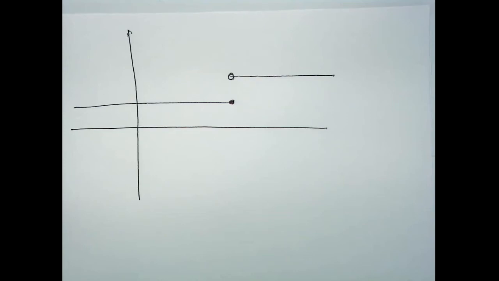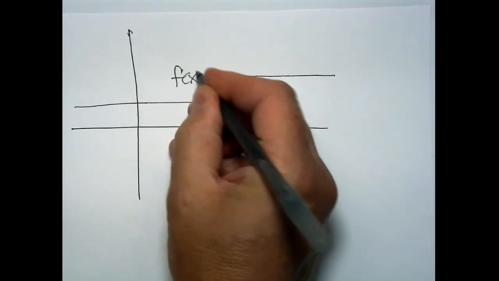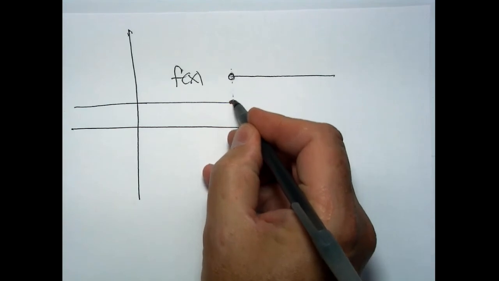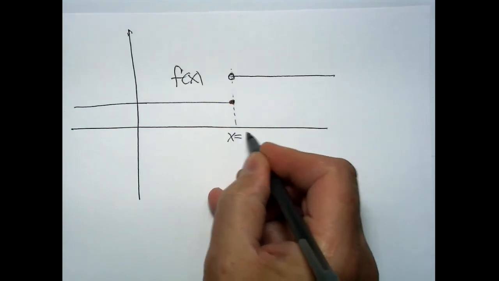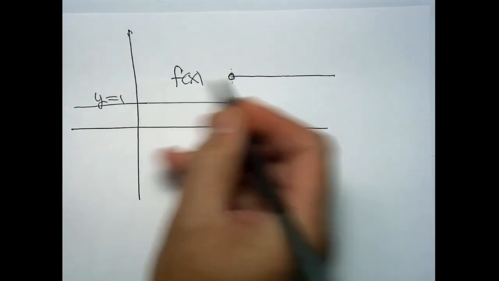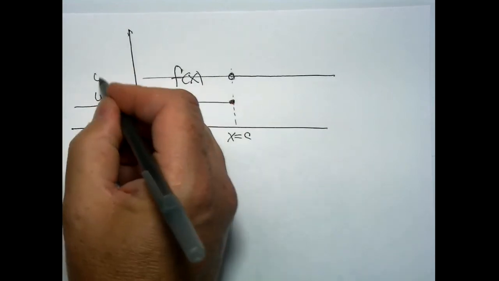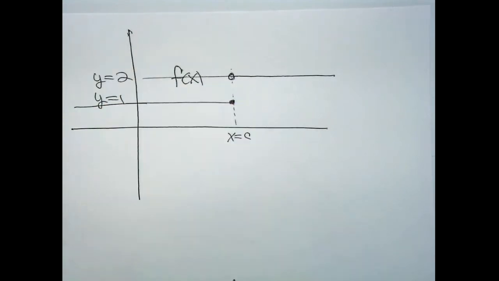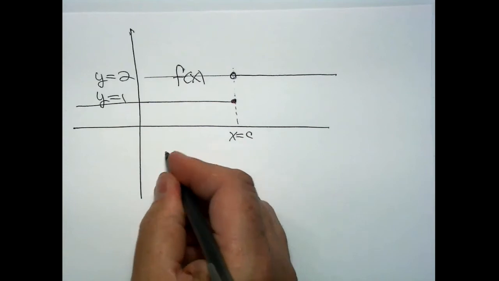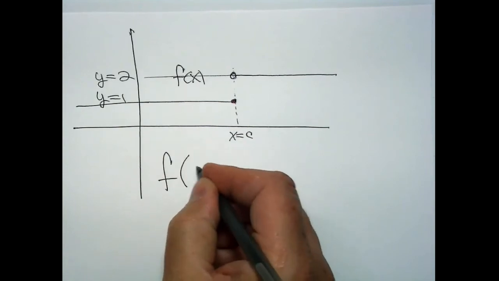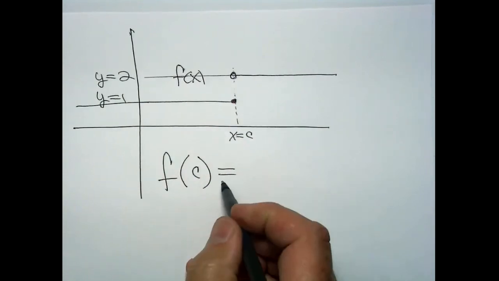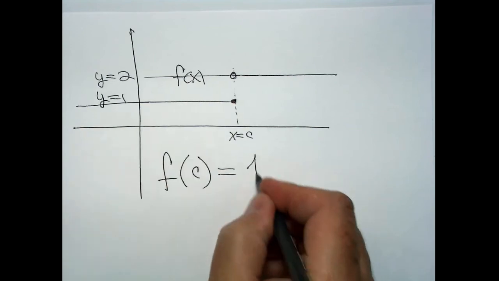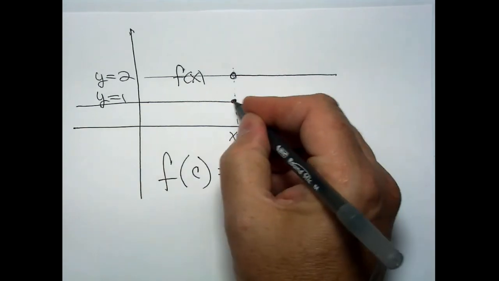And if this were my function, and this happened to be my x equals c right here, and maybe this was y equals 1, and up here we'll make this y equals 2, let's start answering some of these questions. First of all, what is the f of c? Well, the f of c is 1, because it's right here.